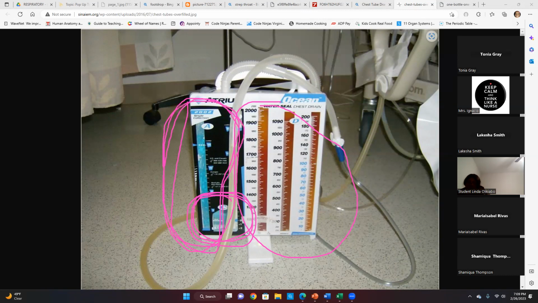Okay, that is the suction chamber. If they're asking about tidaling, that's just a gentle flow of the water, of the fluids when the patient is breathing. That's okay. But if there is a persistent bubbling in the water chamber, we need to make sure that we are looking for an air leak.